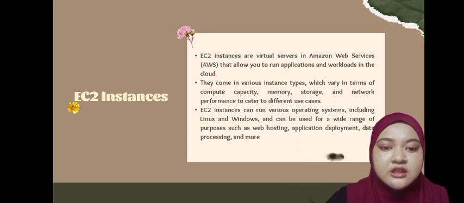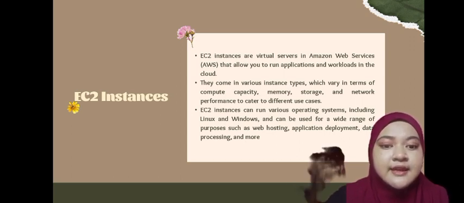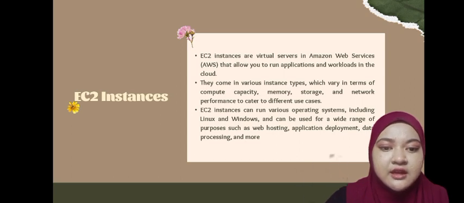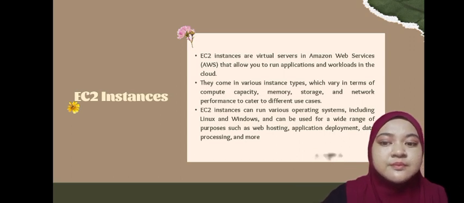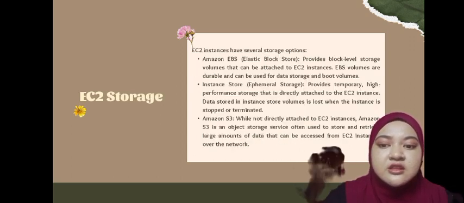EC2 instances can run various operating systems, including Linux and Windows, and can be used for a wide range of purposes such as web hosting, application development, data processing, and more.